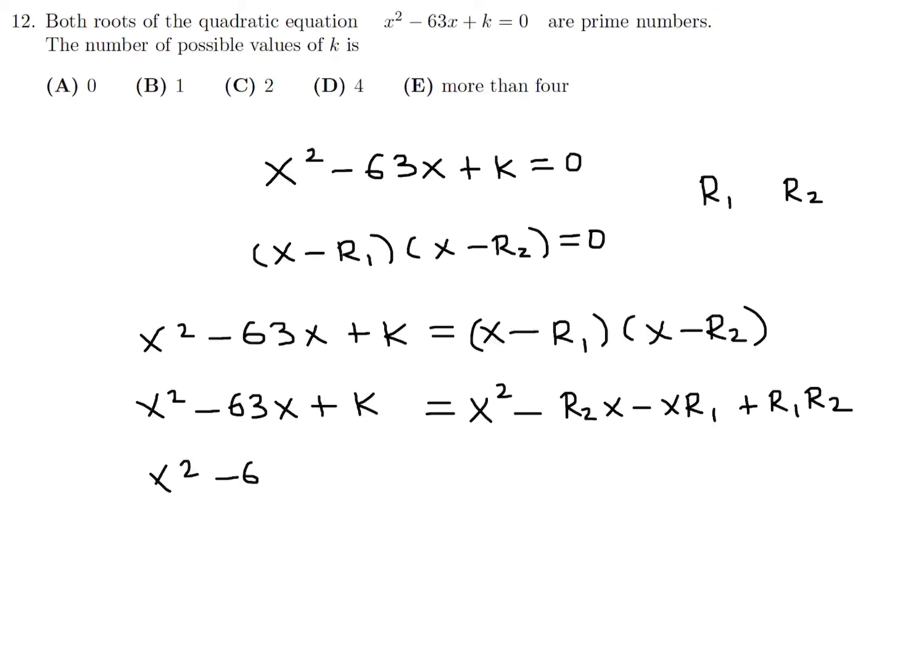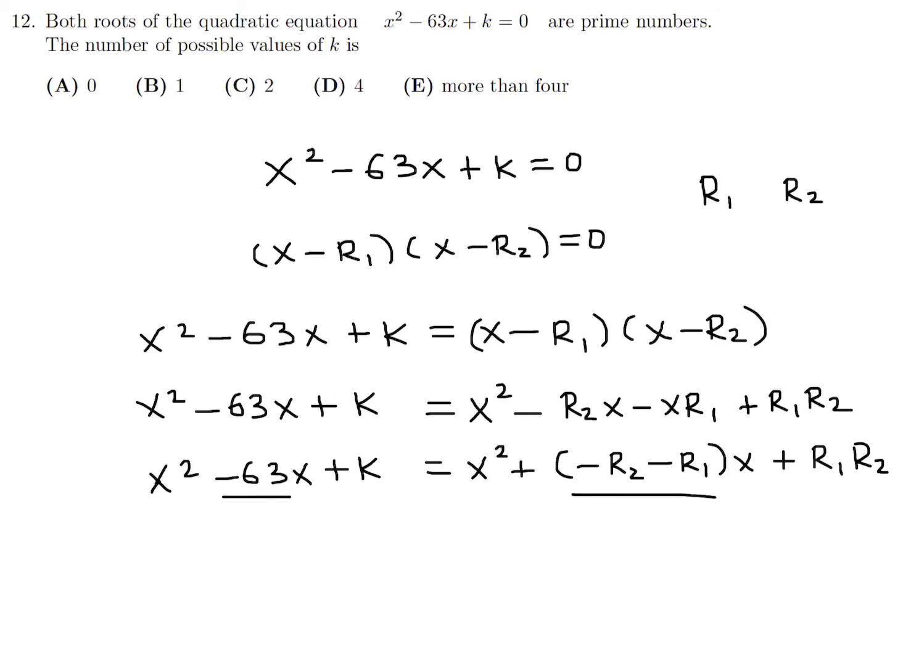If we rearrange this to make it match the left side, it will be x squared minus R2 minus R1 x plus R1R2. So that means that these coefficients must match. So minus 63 is equal to minus R2 minus R1, and k is equal to R1 times R2.